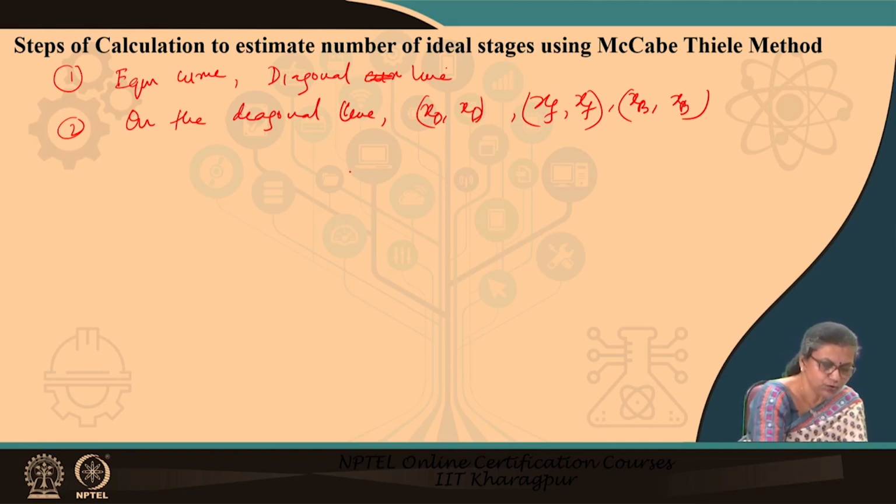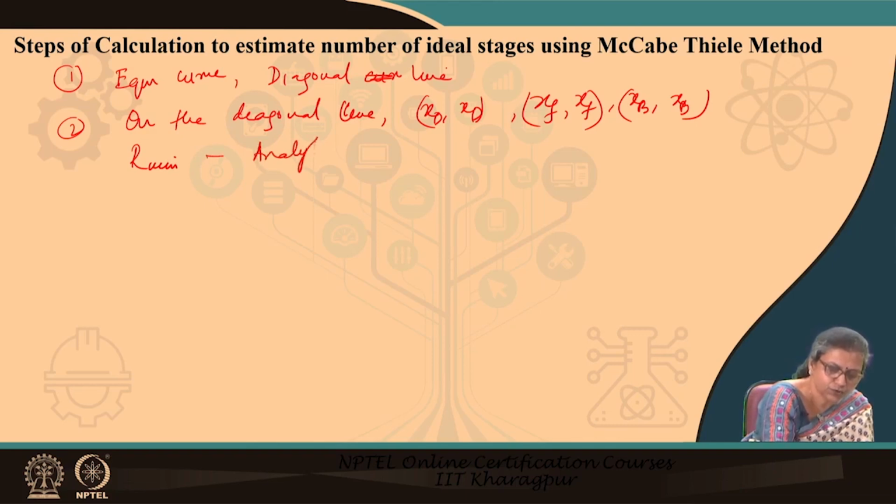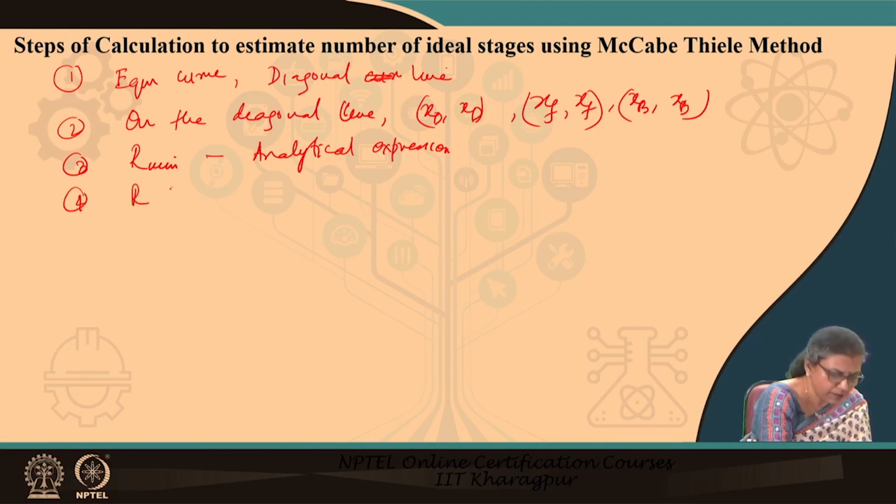After that, we estimate R minimum either from the analytical expression that I have shown you or from the y intercept. Then we select some particular R which lies between 1.1 to 1.5 times R minimum.